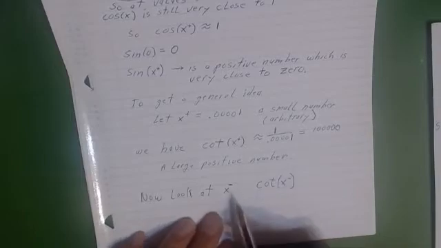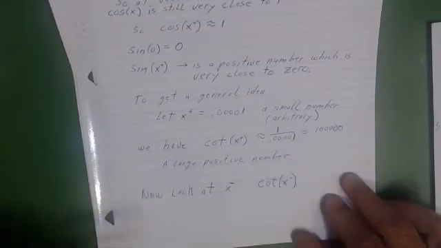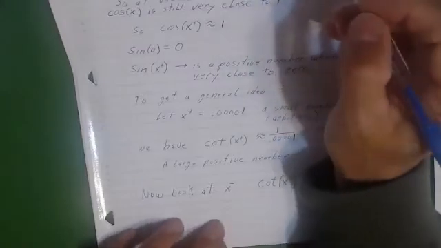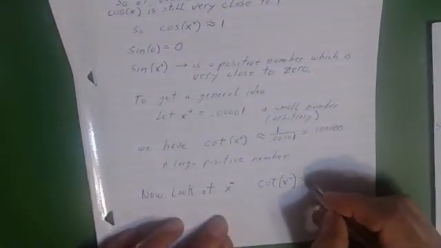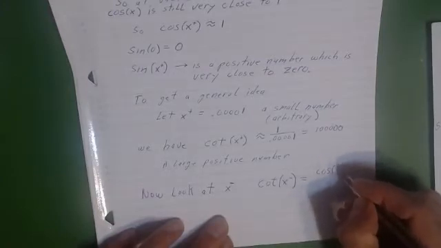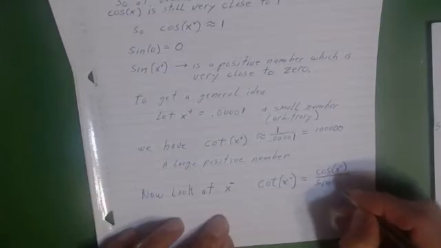Now we're approaching x from the left. And remember, this is cosine of x minus over sine of x minus, okay?